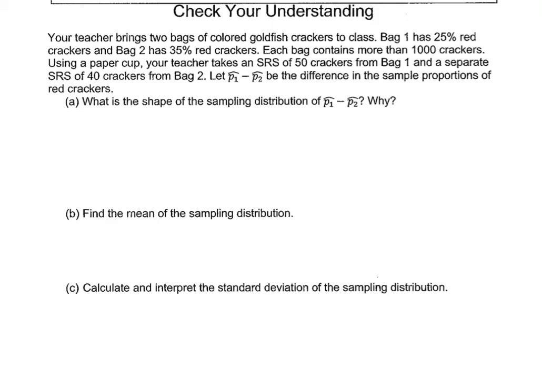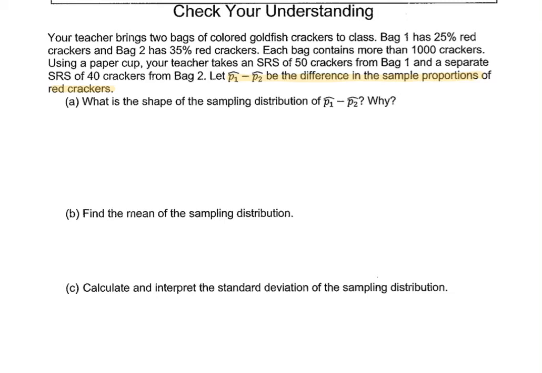So we have defined our variable here: p hat 1 minus p hat 2 is the difference in the sample proportions of red crackers. Usually you would define each variable separately, like p1 is, p2 is, and then p1 minus p2 is. You'd have to define all those variables, but we're just going to let that be the defining of the variable.